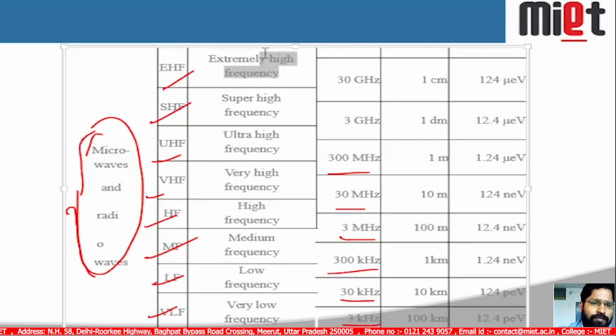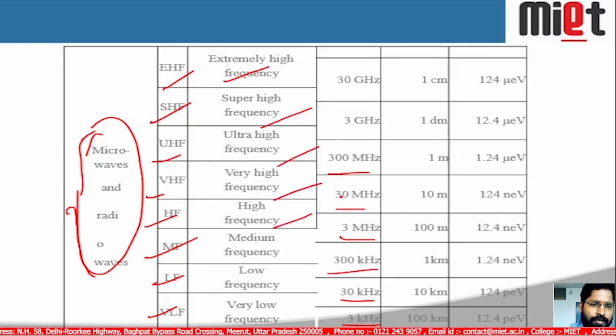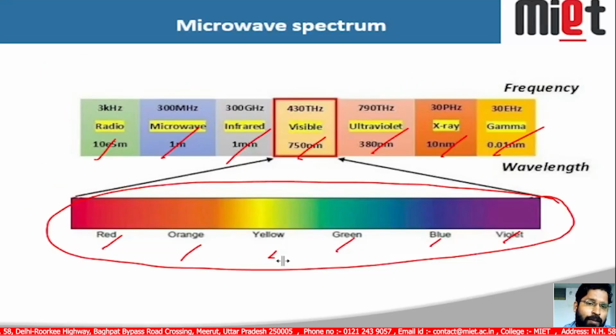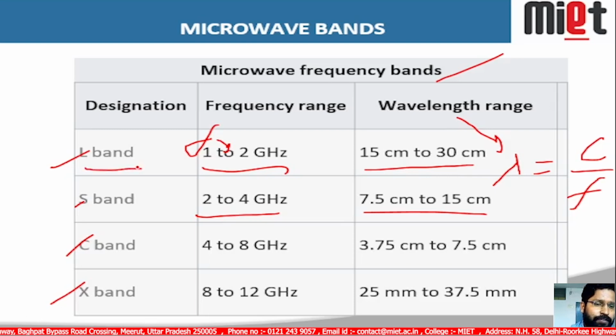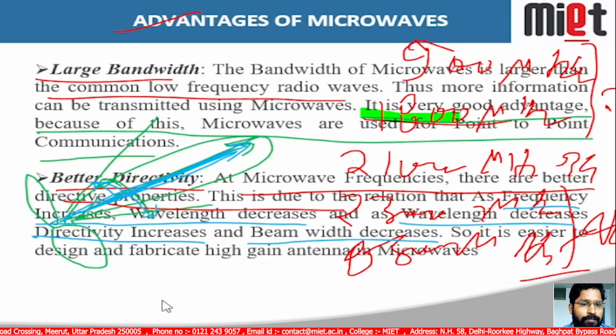And we also covered EHF, SHF, UHF, VHF, and the other frequencies in the microwave spectrum. The microwave bands that we use are L, S, C, X, Ku, K, Ka. These frequency bands are defined by the IEEE, and your syllabus also defines these bands.